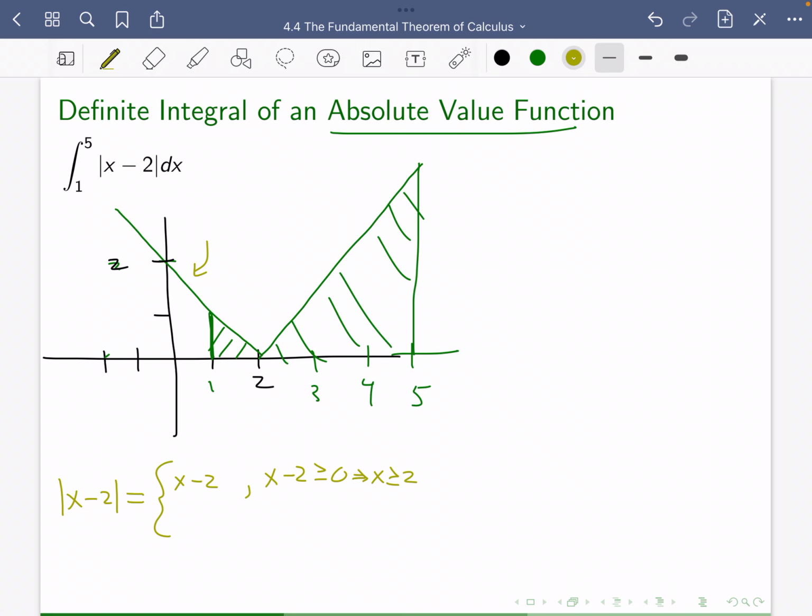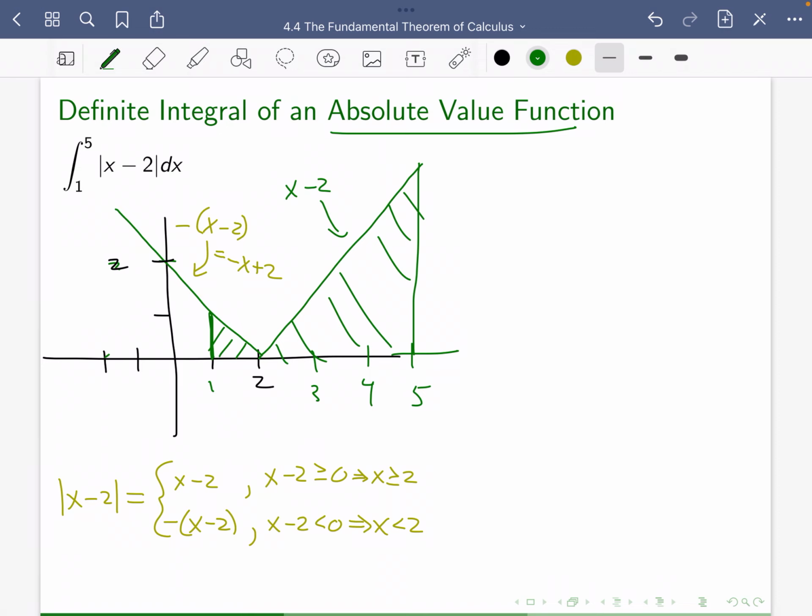And if the stuff inside is negative, we're going to take the negative of that negative. So when x is less than 2, that graph is the negative of x minus 2, so it's negative x plus 2. And if we are to the right of 2, we do have just x minus 2.